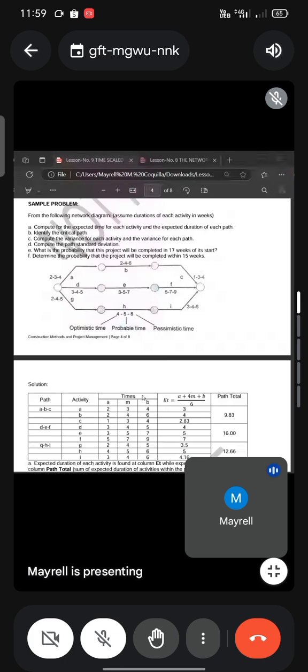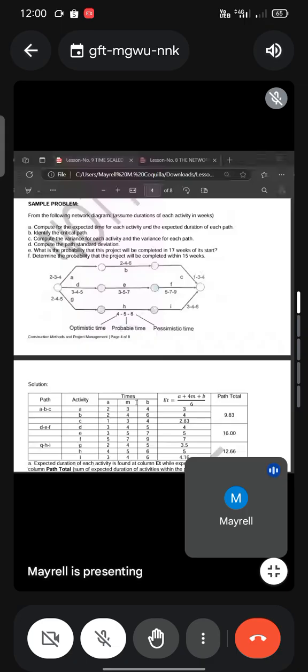After you tabulate those values, you can solve for the expected duration or expected time. ET is equal to A plus 4M plus B all over 6. Just substitute these values of A, M, and B into the formula, and you will get the expected time or duration. These are the corresponding expected durations of each activity.